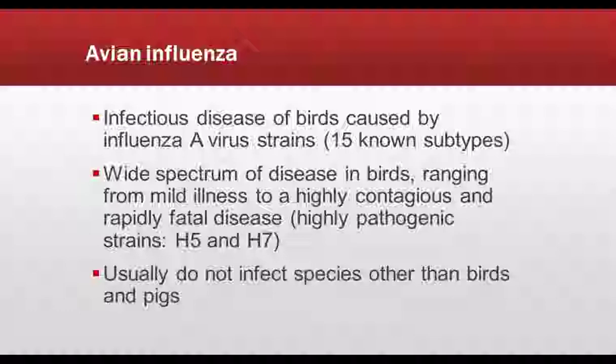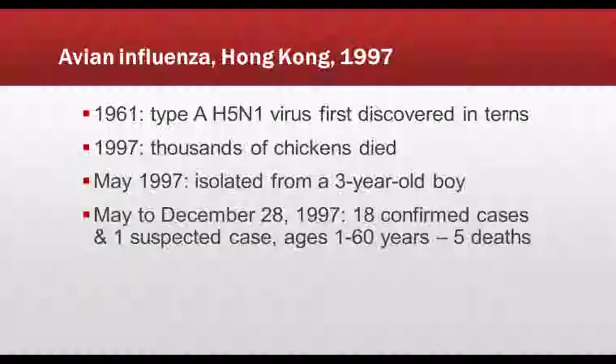So avian influenza is an infectious disease of birds. It's caused by influenza A virus strains. There are 15 known subtypes that affect birds. The avian flu in birds causes a wide spectrum of disease, ranging from mild illness to a highly contagious and rapidly fatal disease. The highly pathogenic strains tend to be of two types, H5 and H7. Usually, avian influenza strains do not infect species other than birds and pigs, but that's not always true.